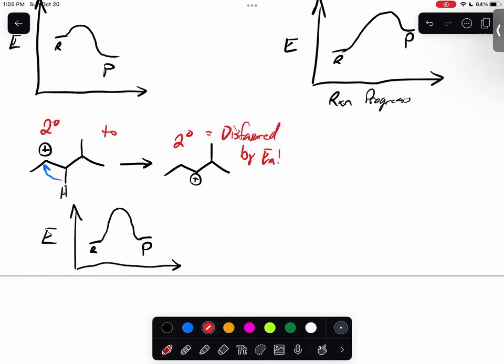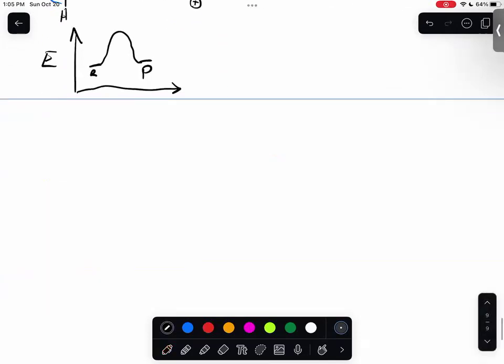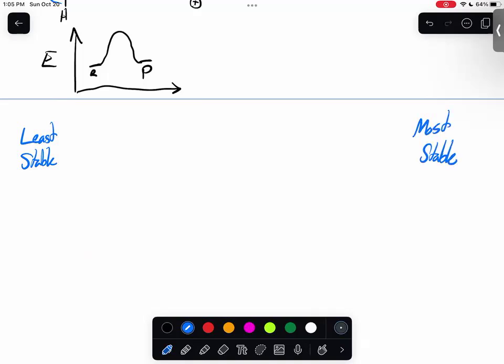Okay? So what does this mean for us? Well, it means that essentially, if we're looking at our least stable to most stable carbocations, right? As a reminder, the most stable would be a tertiary with resonance.